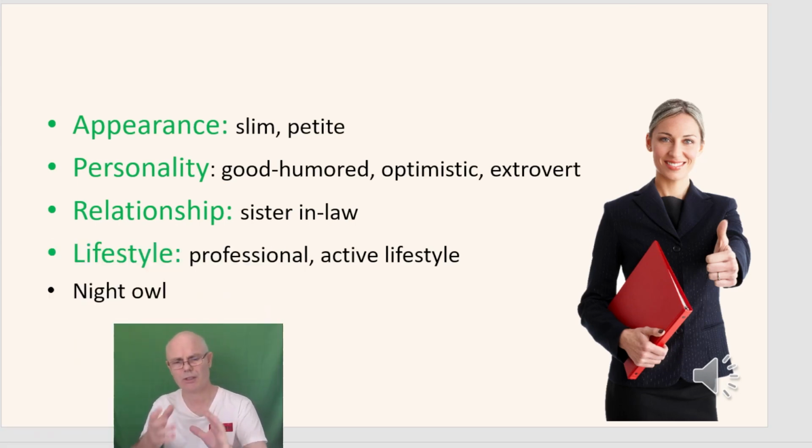I also like building up adjectives for opposites. Like you see down the bottom, night owl, the opposite of that is early bird. And words like extrovert, we have introvert, and optimistic person, we have pessimistic person. So it's a really good idea to build up these opposite adjectives, and then you should be able to apply some of those to whoever you decide to cover.